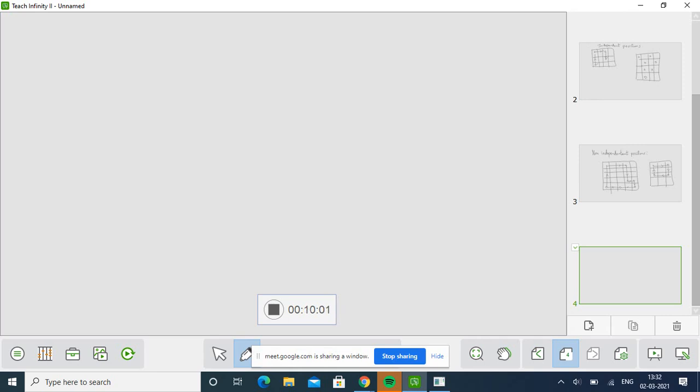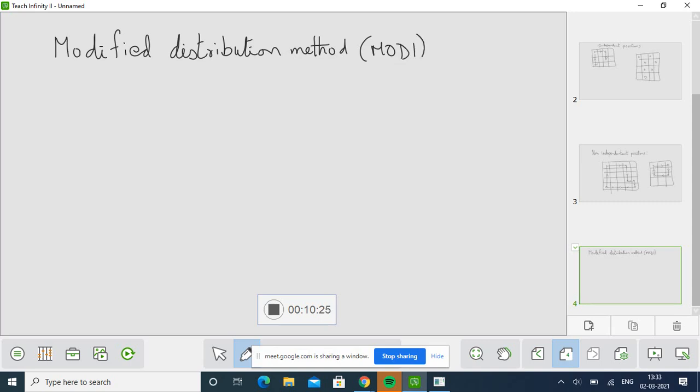We are going to use a method known as modified distribution method, normally in short form, the MODI method. This is very famous and is very useful for us also.